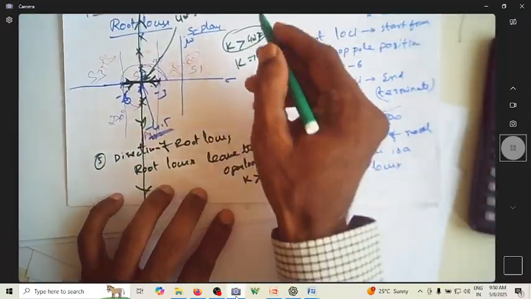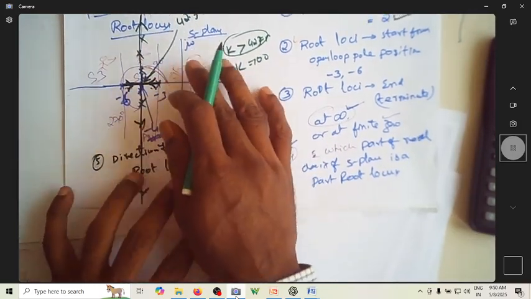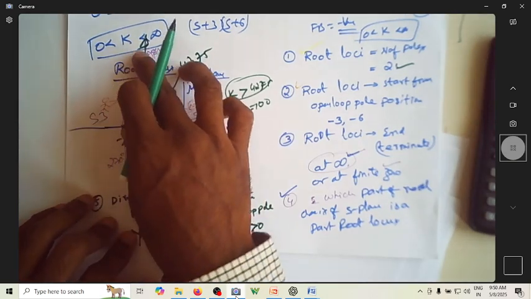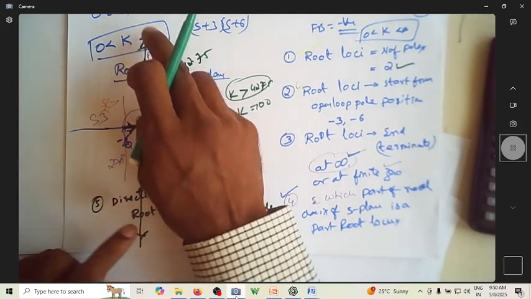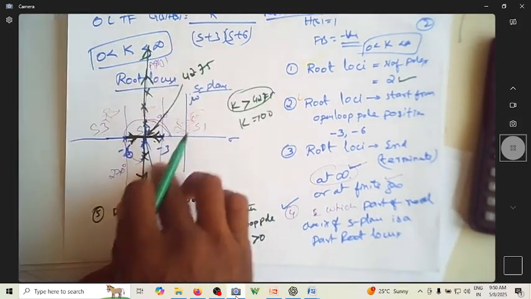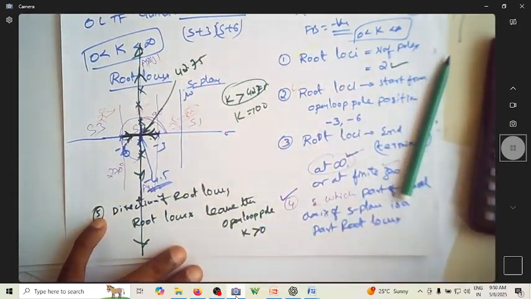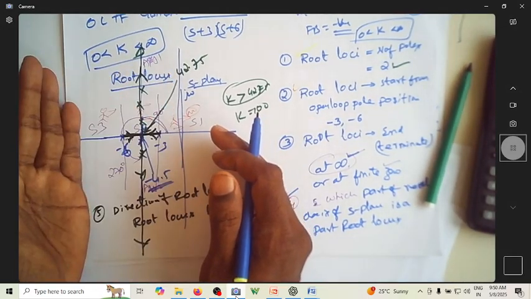Now what is the outcome of this? As the value of k goes from 0 to infinity, the poles are taking this position. So this is a locus formed by the roots of the characteristic equation. If you can see here, if this is your S plane, so this is your imaginary axis, the poles are always on the left hand side of the S plane.